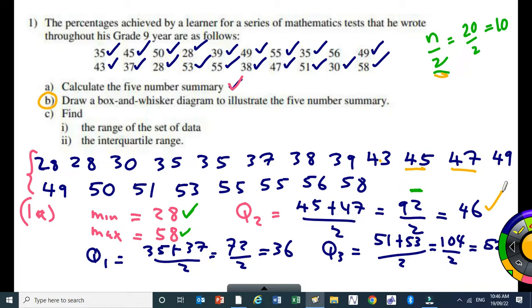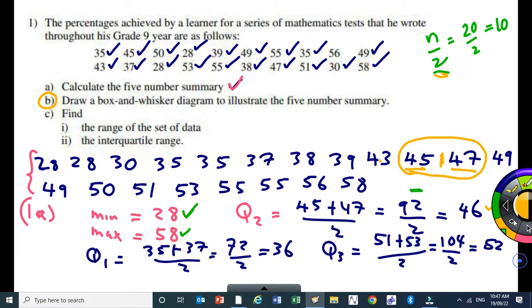Right? Then, now, these two values, they divide the data set into two halves. But because we have got this 46, which is in between here, it means our first half of our data set will start from 28 all the way up to this 45.